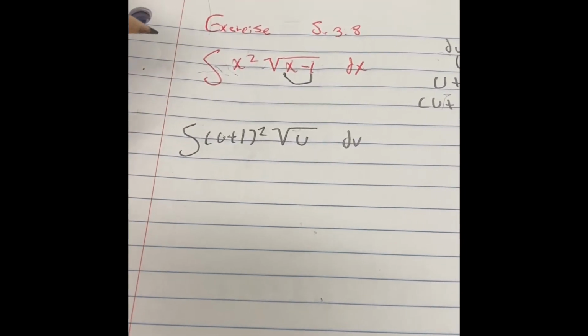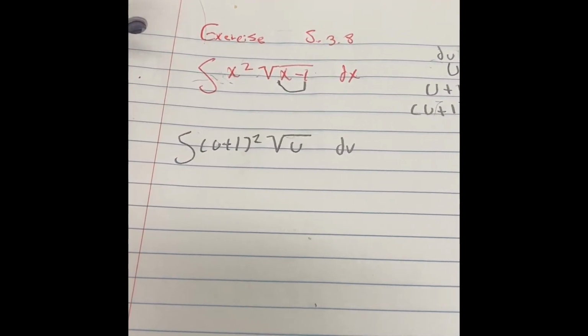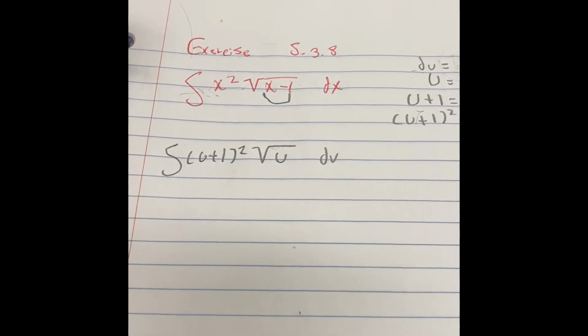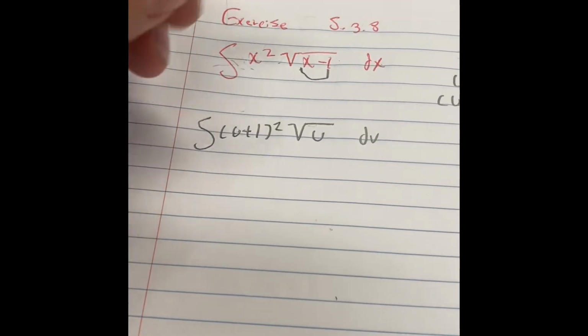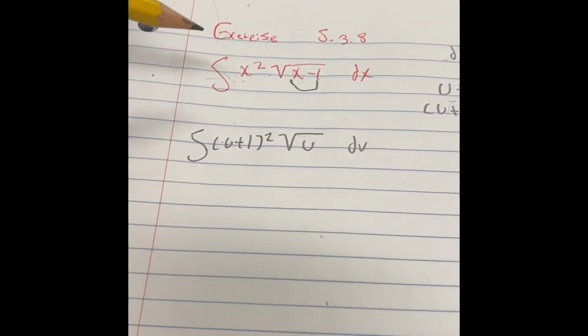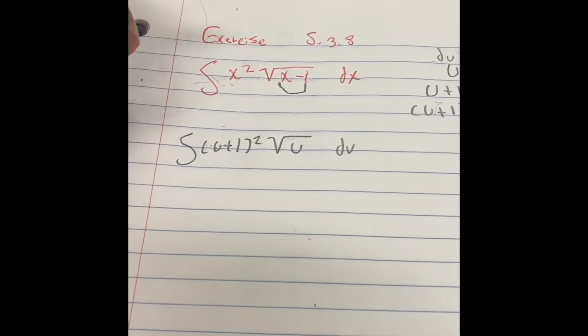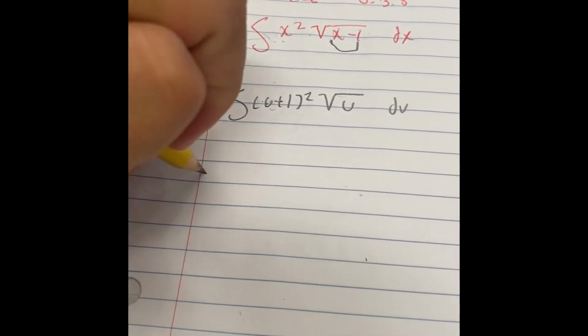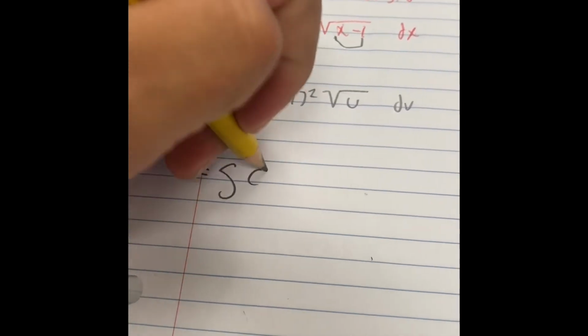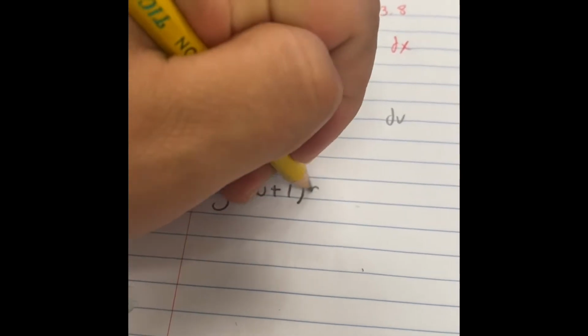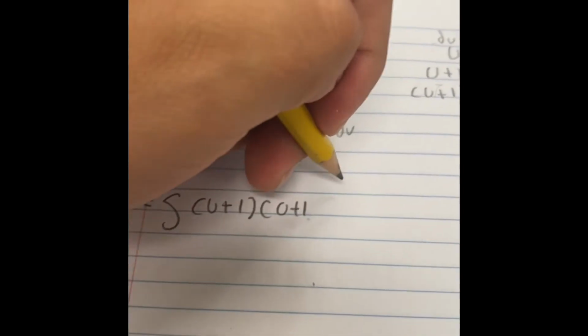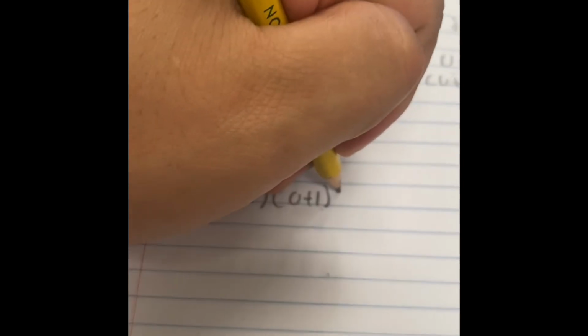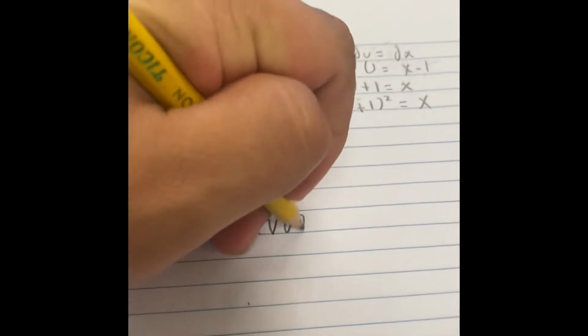Now, in order to make it easier for us to solve this integral, we're going to expand this. It is u plus 1 squared. So it's going to be equal to the integral of u plus 1 times u plus 1 times the square root of u du.